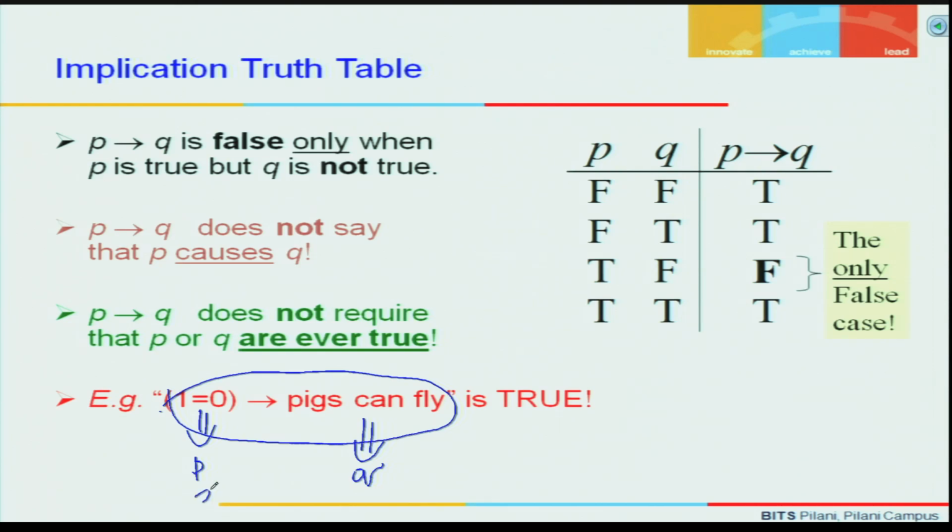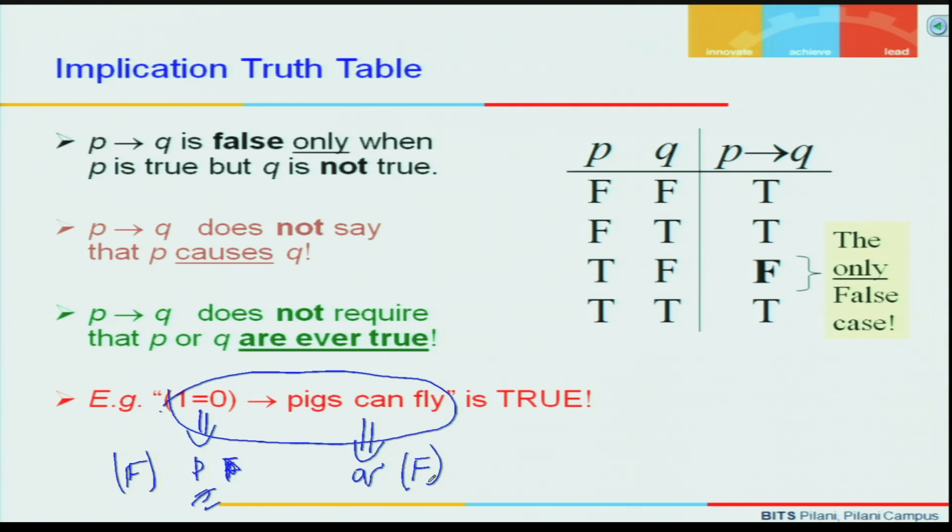What do you think the truth value of P can be? 1 is equal to 0 is a meaningful sentence without any ambiguity and it has truth value false, isn't it? Pigs can fly. It's a meaningful sentence, but its truth value happens to be false, we all know it. I hope there is no confusion over here.